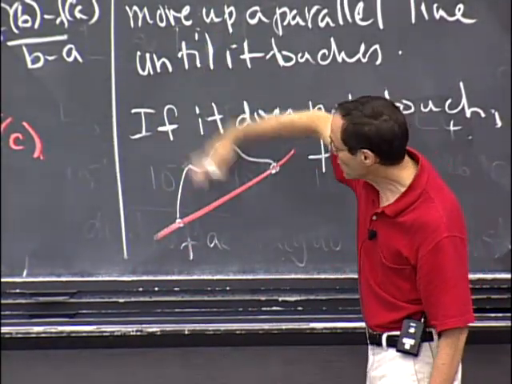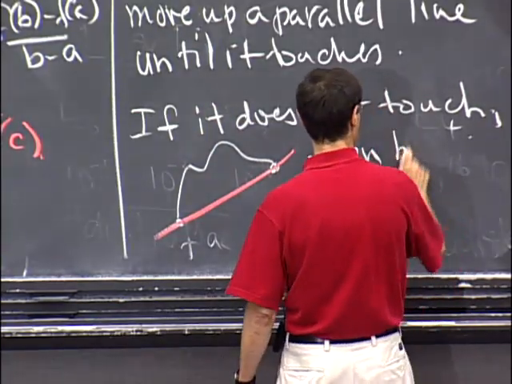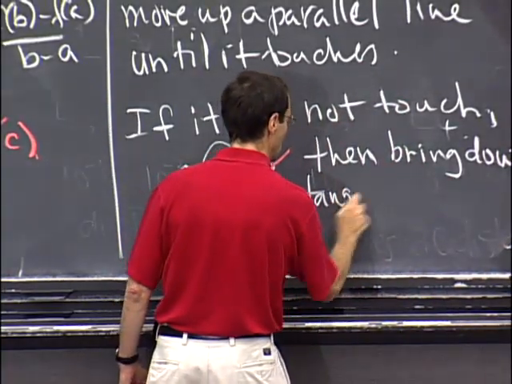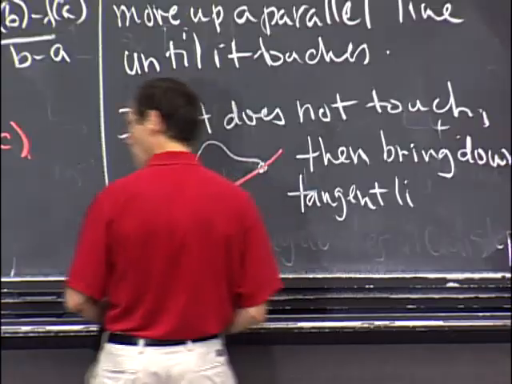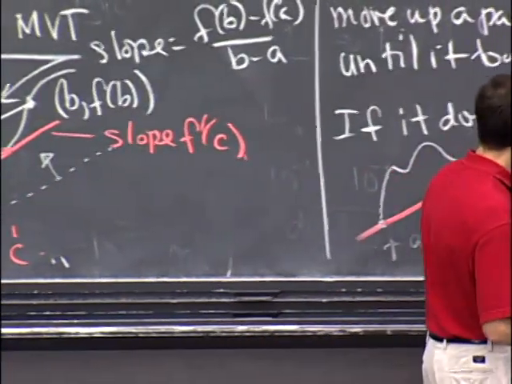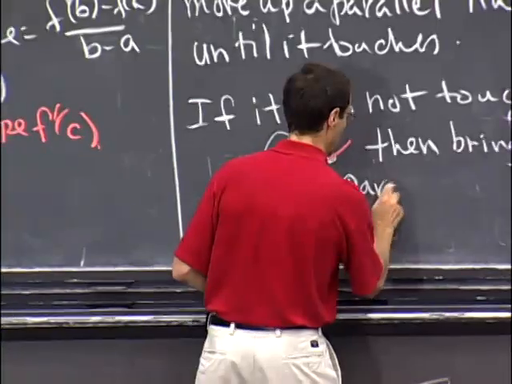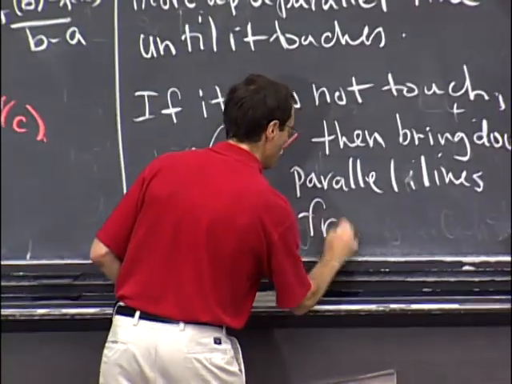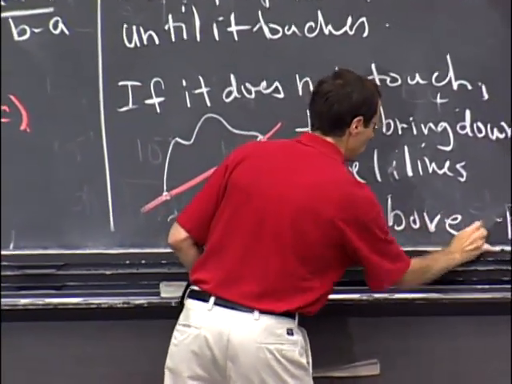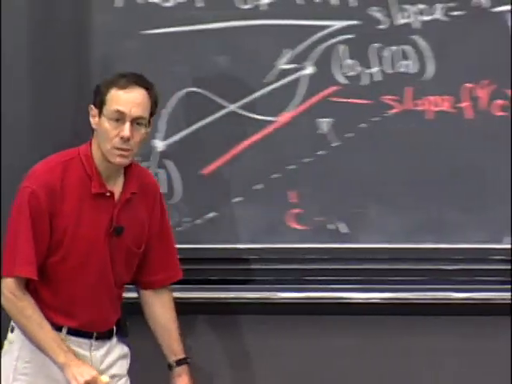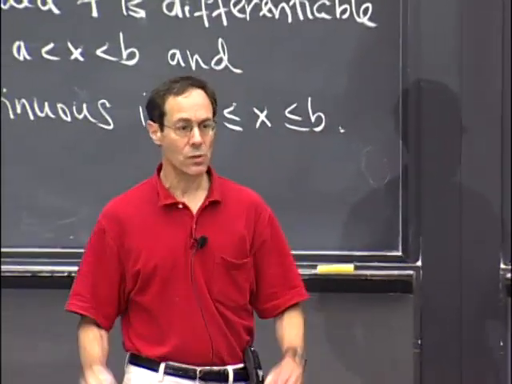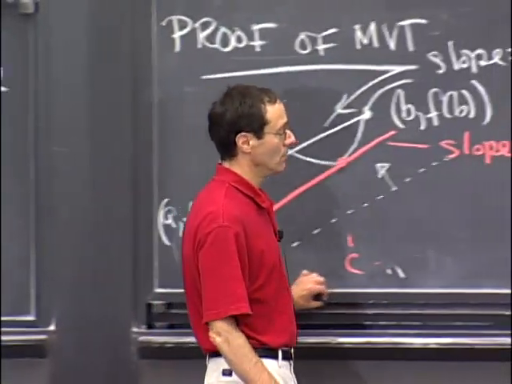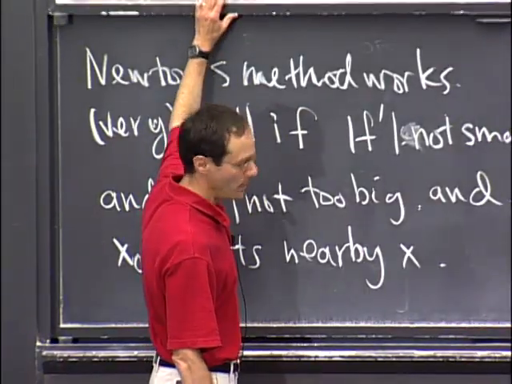Bring the parallel lines down from the top. So parallel lines, sorry, not tangent lines. Parallel lines from above. All right? So that's the whole story. That's how we cook up this point c with the right properties.